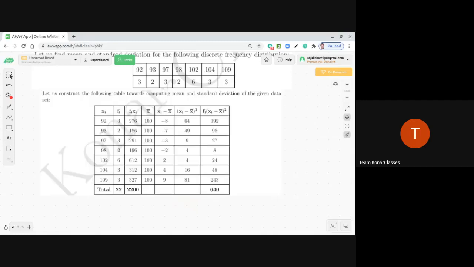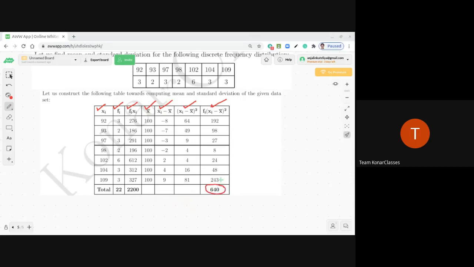You see, these are the xi values, and there is their respective frequency. Then fi into xi, and x bar you already found, that is 100. Then xi minus x bar, some positive, some negative, but if you square them, all are positive. Then fi into xi minus x bar whole square you got, and their summation is 640.